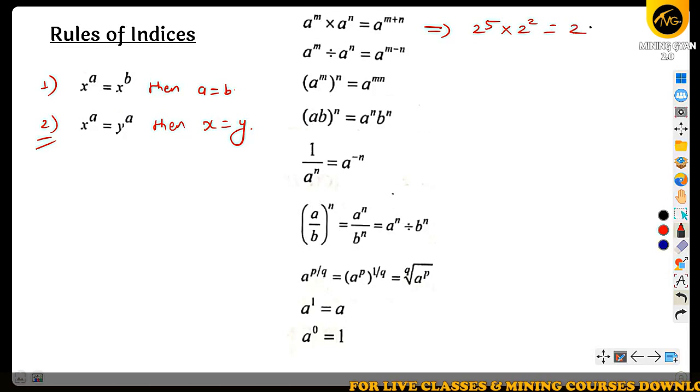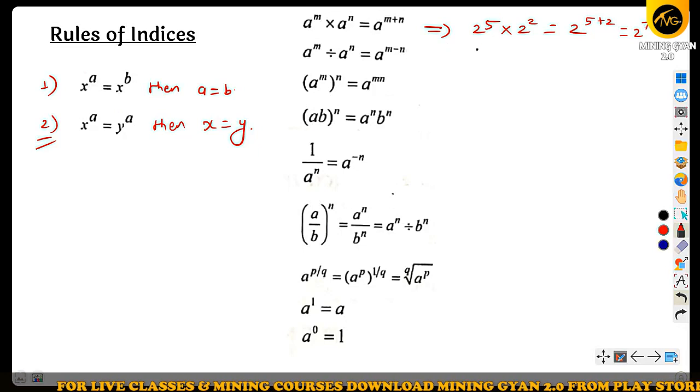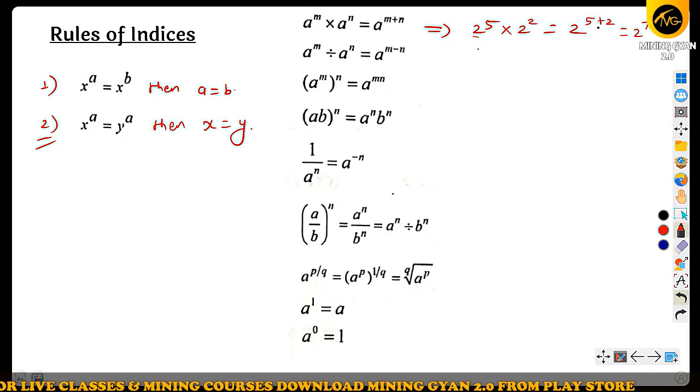Then 2 power 5 plus 2 is equal to 2 power 7. Right? a power m into a power n is equal to a power m plus n. That means 2 power 5 into 2 power 2. The bases are the same, so the powers will be added, 5 plus 2, which is 2 power 7.